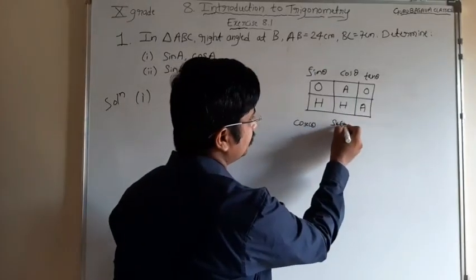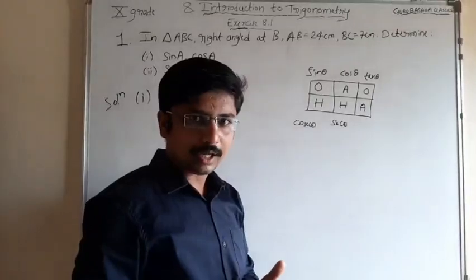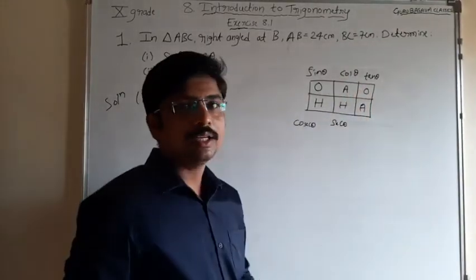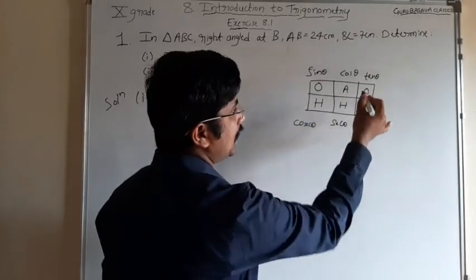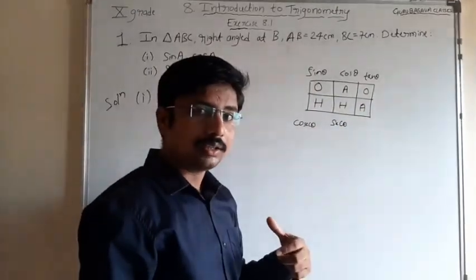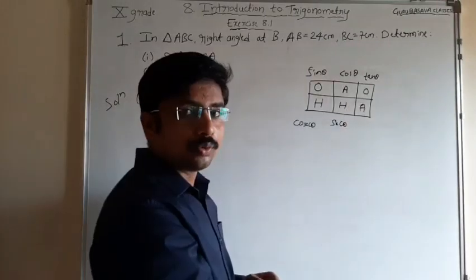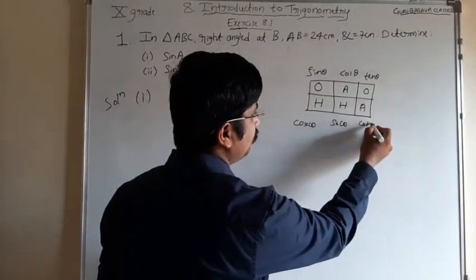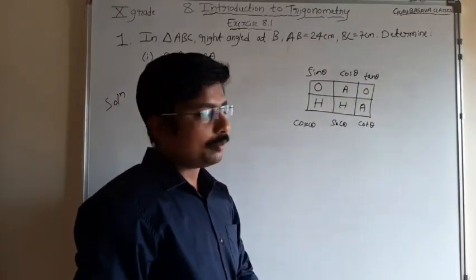Next, sec theta is the reciprocal of cos theta, equal to hypotenuse divided by adjacent side. Cot theta is the reciprocal of tan theta, that is A divided by O, adjacent upon opposite side.